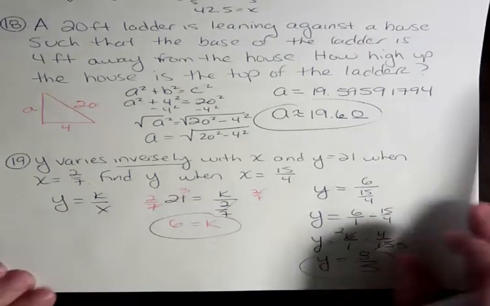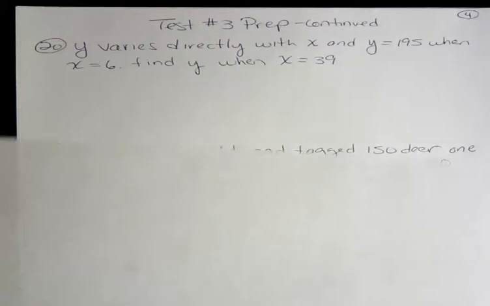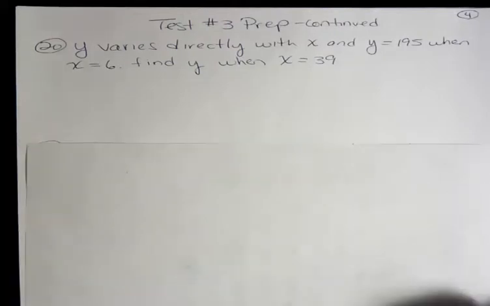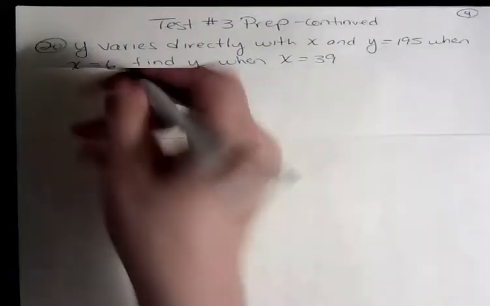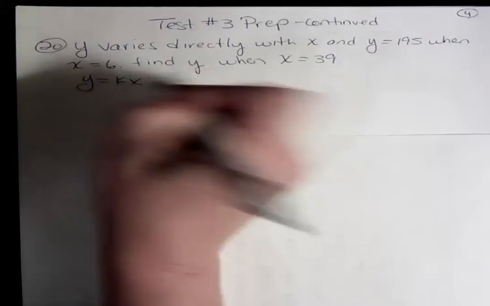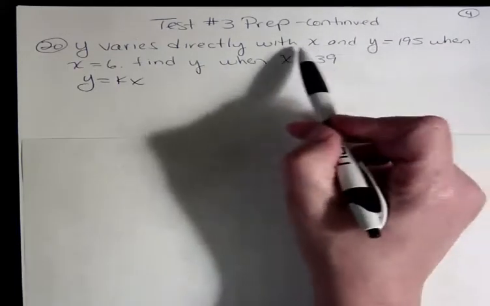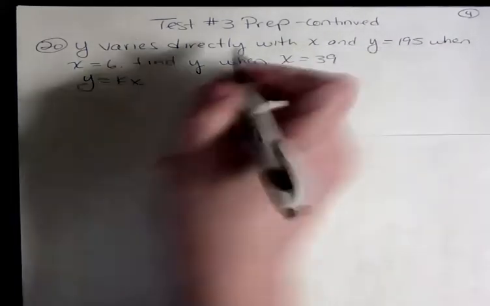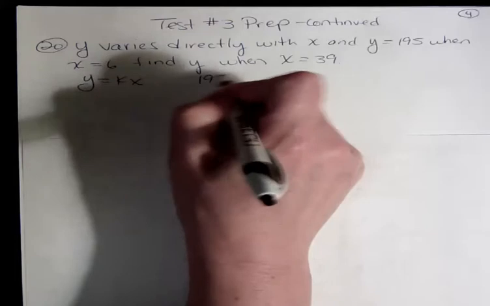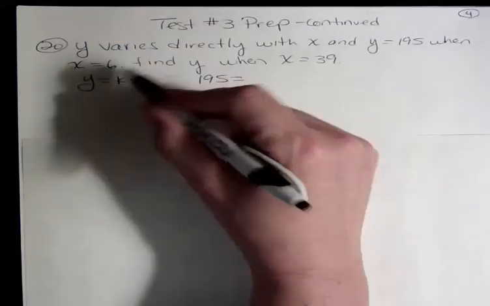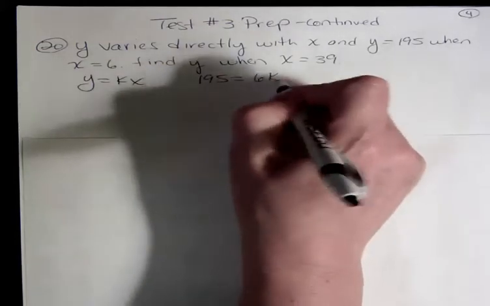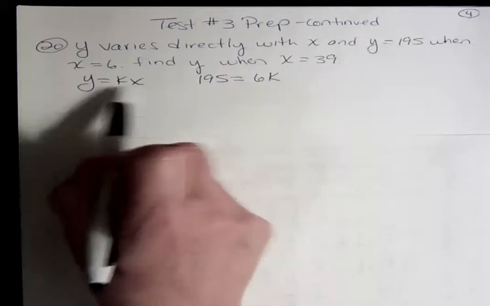Okay. And then what about if y varies directly with x? Well, then we use the formula y equals kx. We know that y is 195 when x is 6. You can write k first or second, whichever.